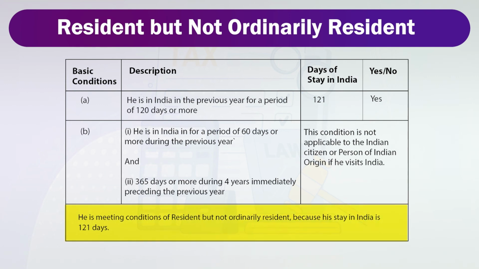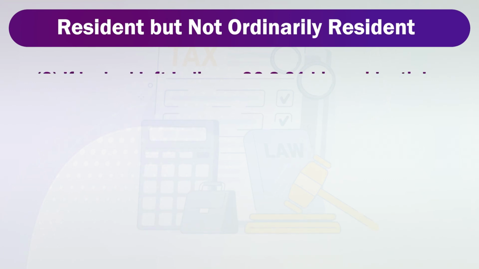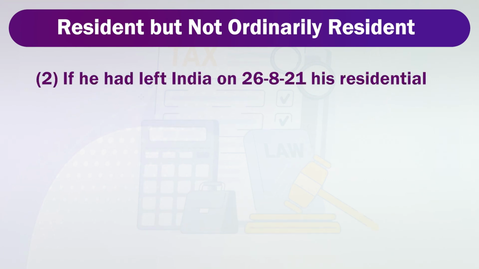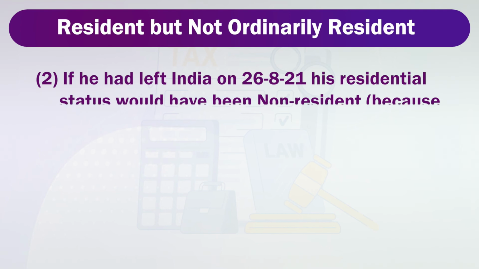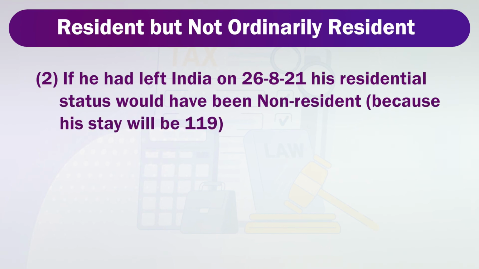He is meeting the conditions of resident but not ordinarily resident because his stay in India is of 121 days. Now, if he had left India on 26 August 2021, his residential status would have been non-resident because his stay would be of 119 days only.